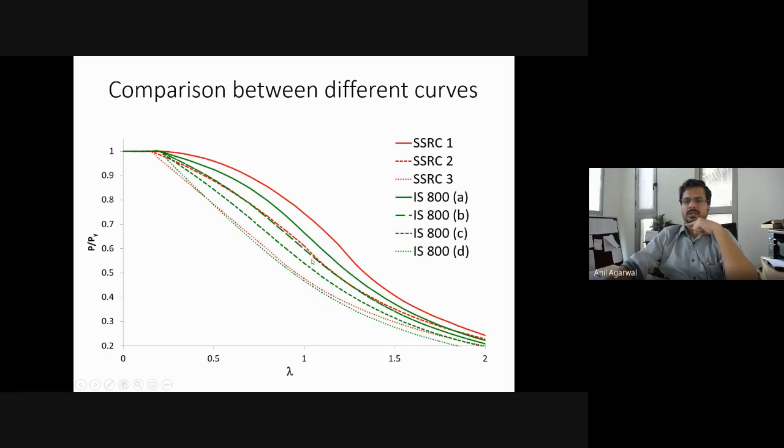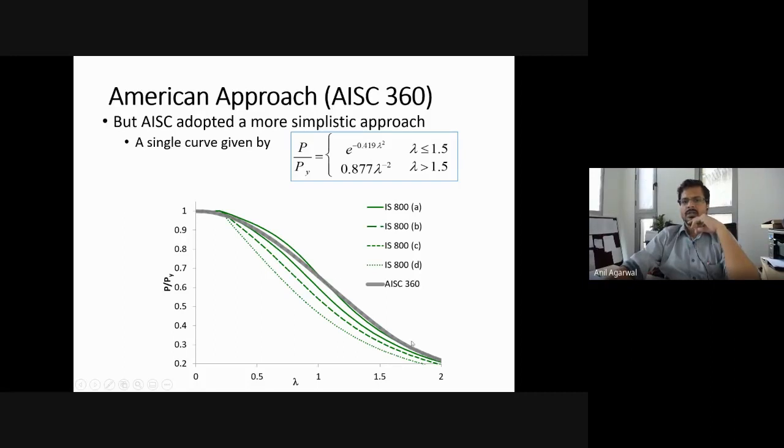The SSRC curves are slightly on the unconservative side in comparison to the Indian code. The Indian 4 curves are here in green, and the SSRC curves are the 3 curves in red. They are predicting slightly higher values as per SSRC. That's why the American code, the average one that they have taken, also predicts slightly higher capacity.